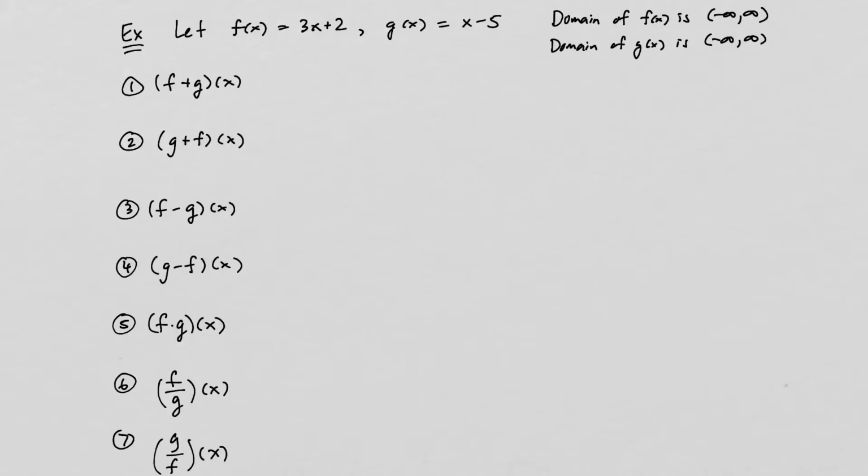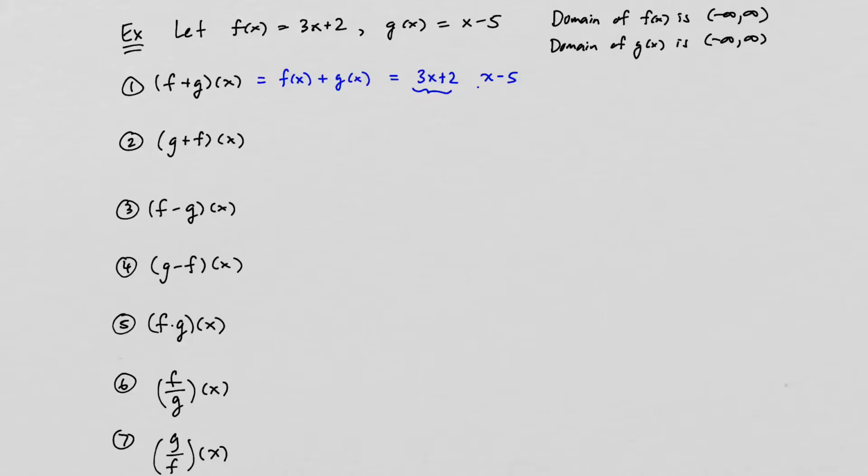First, I would like to compute the function f plus g of x. And keep in mind that this is defined to be f of x plus g of x. And we know that f of x is 3x plus 2, and g of x is x minus 5.